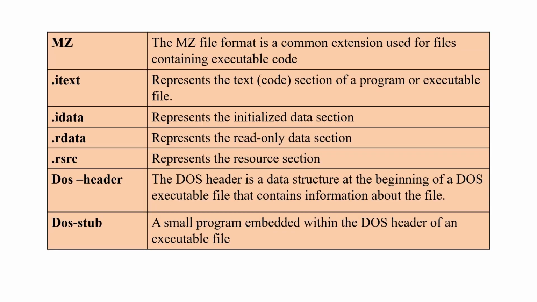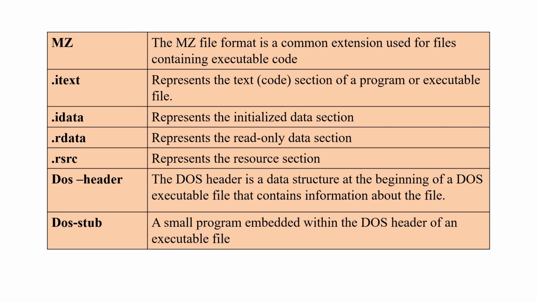Next we'll see some common terms which we came across while using tools like File Insight and PE Studio. Those common terms are displayed here in this table. First, MZ, which we have seen in File Insight in hexadecimal format. MZ, as I said before, basically means executable file.